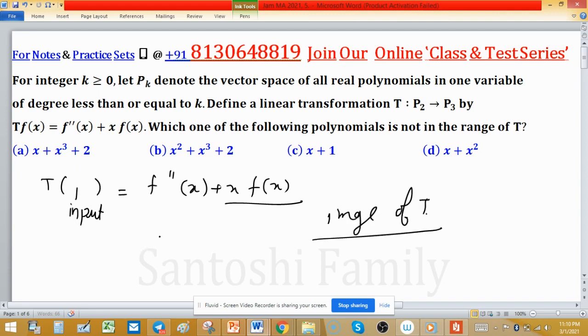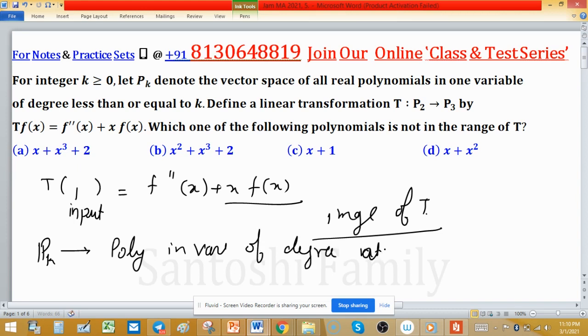Now Pk is normally a polynomial in one variable of degree at most k. If I am using k here, then degree at most k; if I am using n, then degree at most n.